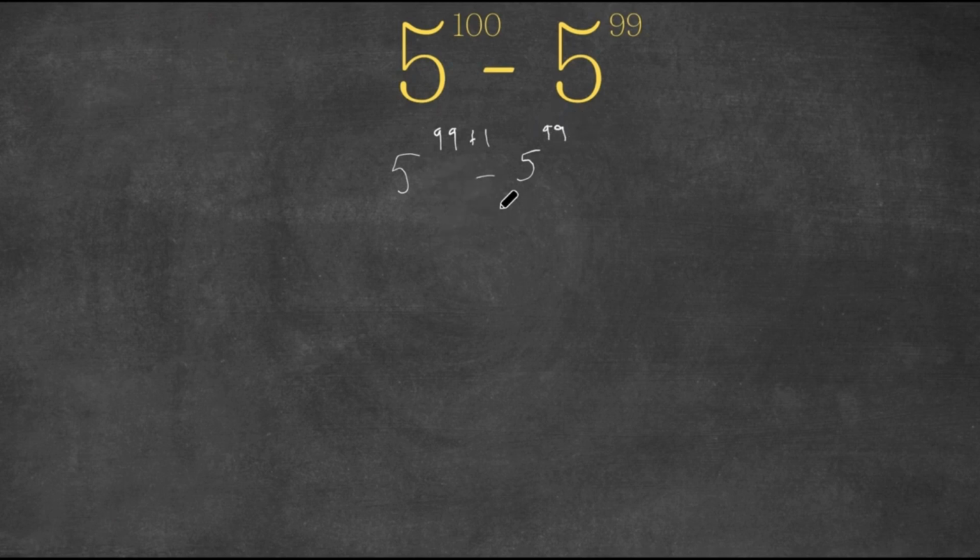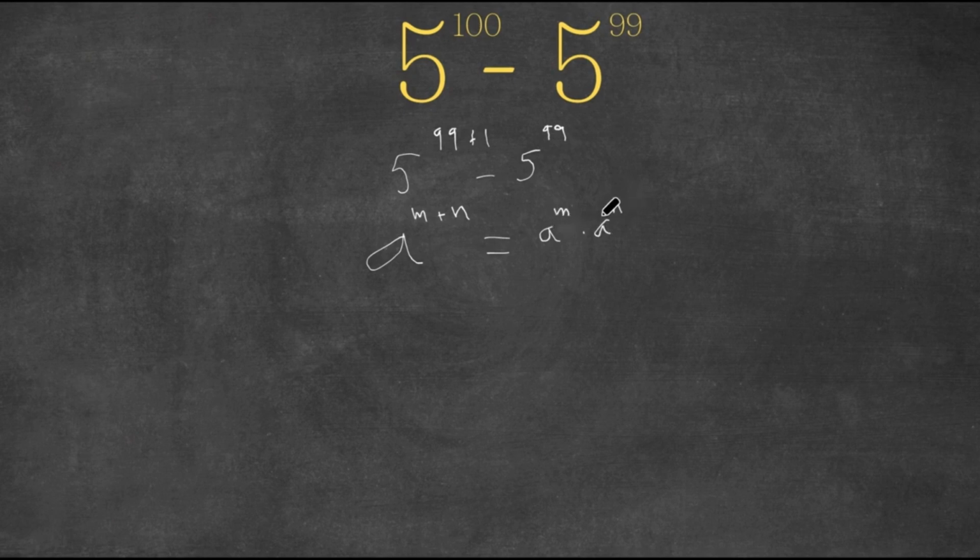All right, so now that we have this, we're going to use an important property of exponents. Let's say we have a to the power of m plus n. An important property of exponents states that this is also written as a to the power of m times a to the power of n.